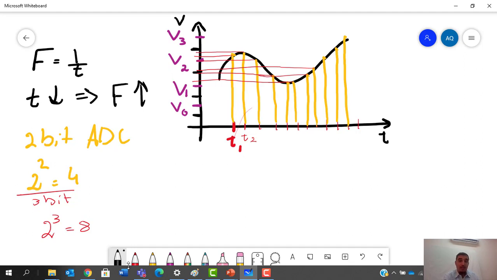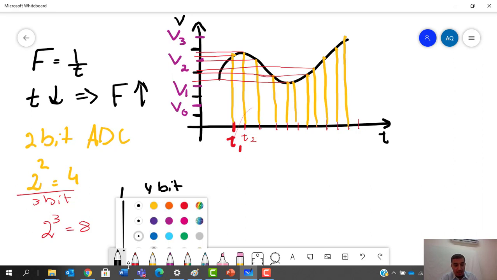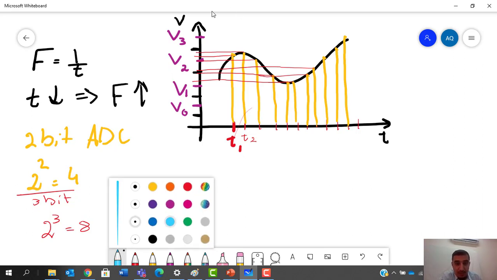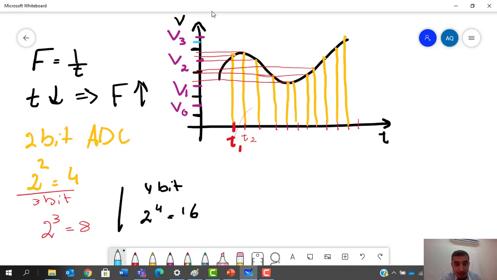Now we have 8 different levels, and if I'm using a 4-bit, this means 2 to the power 4, which is equal to 16, and in this case we will be dividing each one of these into extra levels. So now you can see we have more and more levels. This will help us to reproduce our signal in the correct way.